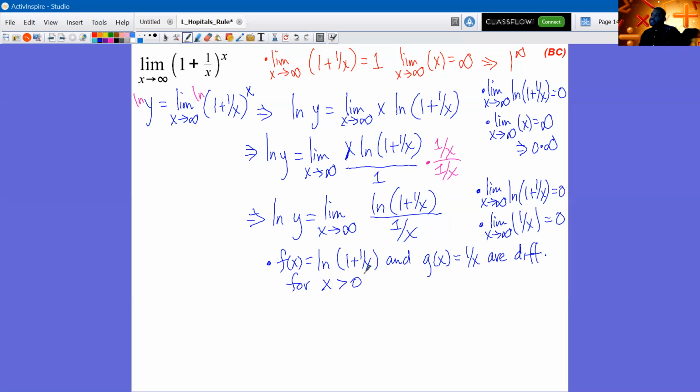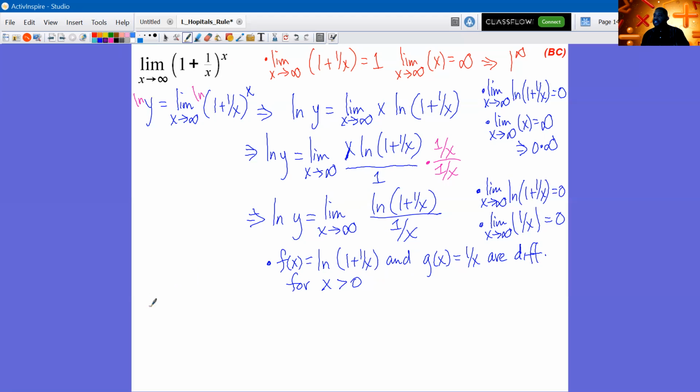The reason we have to say that is that we've got a natural log up in here, so we're dealing with positive values only. So we're good with this condition. Now I'm ready to use L'Hopital's rule on the right side.